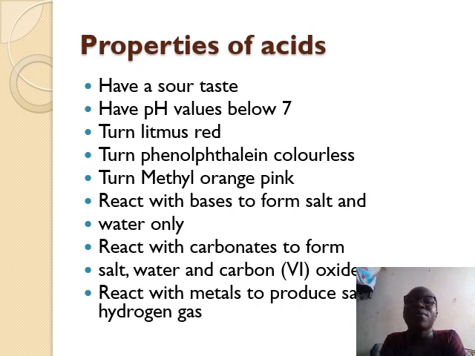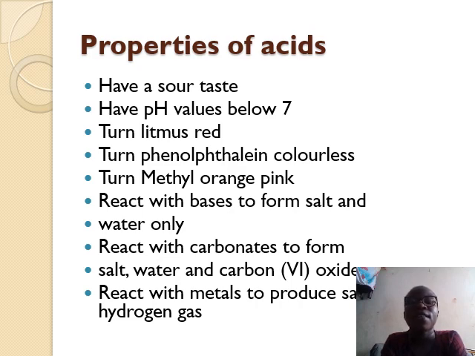Next, we're going to talk about properties of acids. As we said earlier, acids have a sour taste. They have pH values below 7. They turn litmus paper red, or you can say they turn litmus red. Then they turn phenolphthalein colorless.